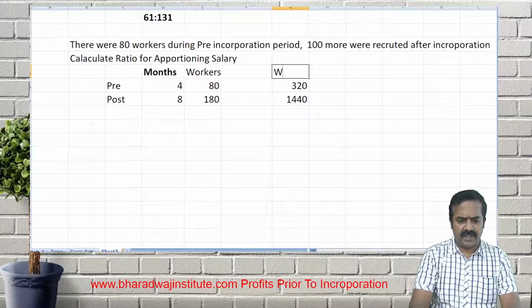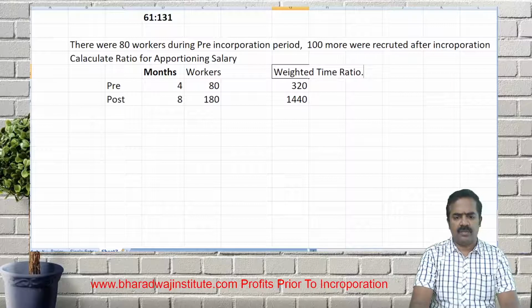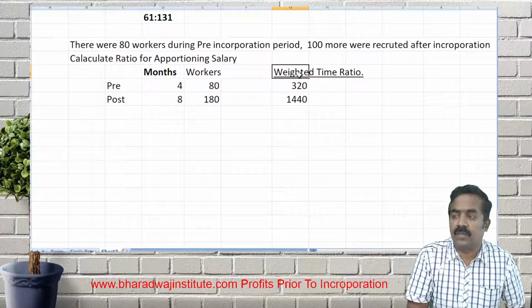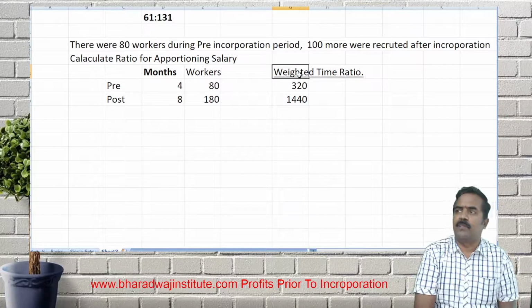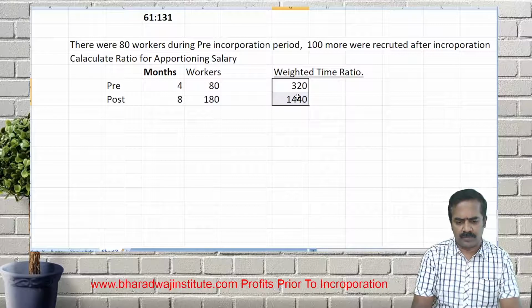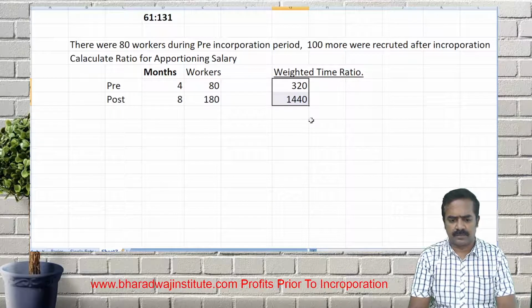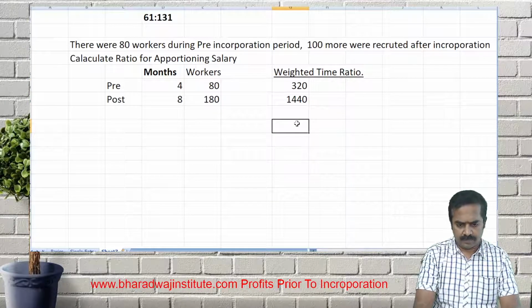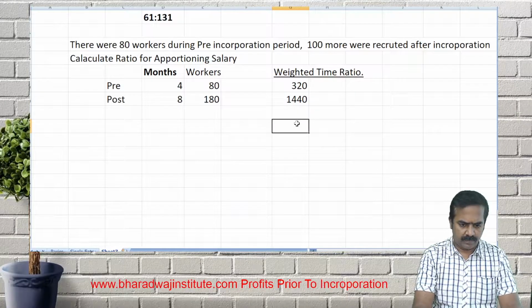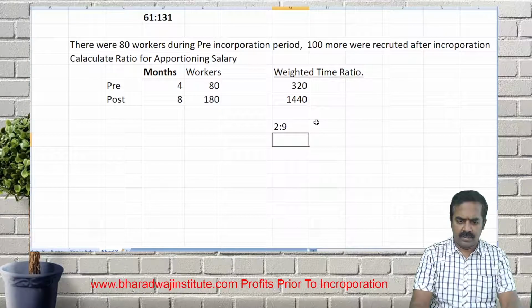This is called as weighted time ratio. We give weightage for number of workers also. When number of workers change, we give weightage for what? Number of workers and what? Time period for which they worked. So 320 is to 1440 in ratio work. 2:9, sir. 2:9 ratio.